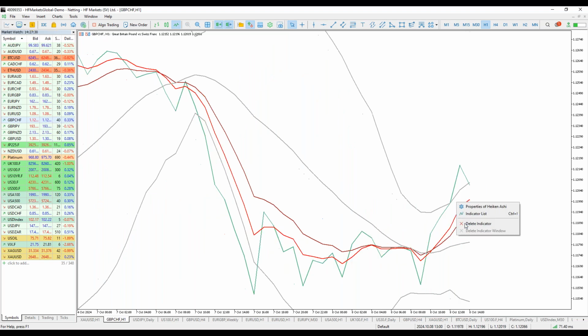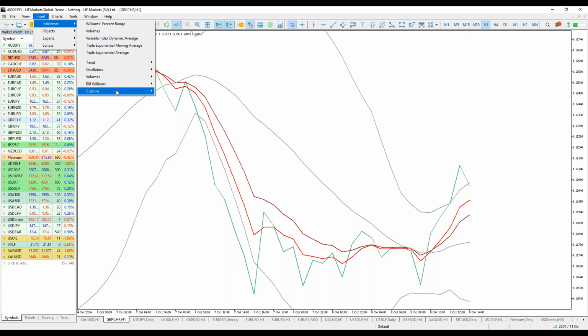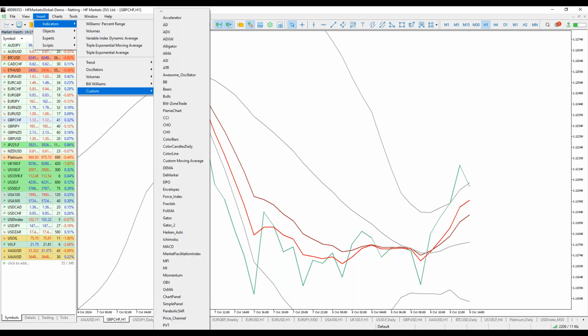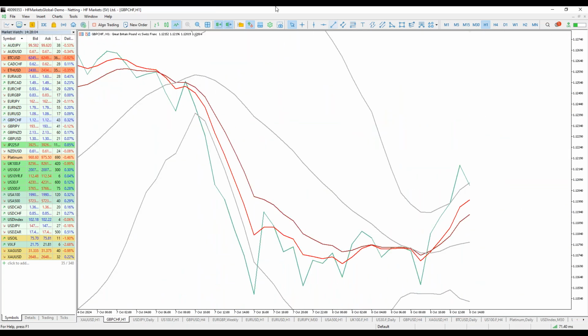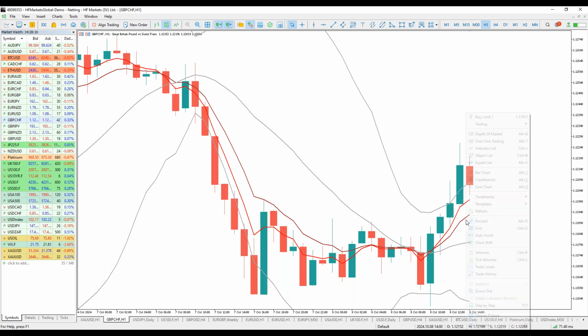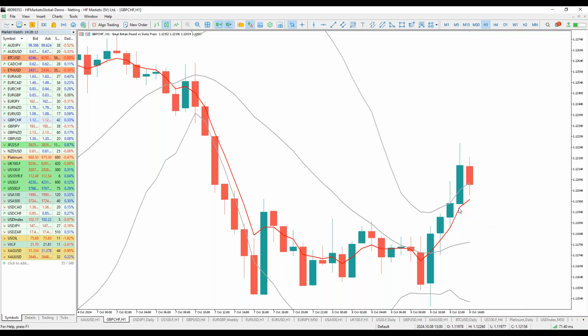Let me get rid of some of these. I had Heikin Ashi, that's what I wanted to get. So I want the candles. Perfect.